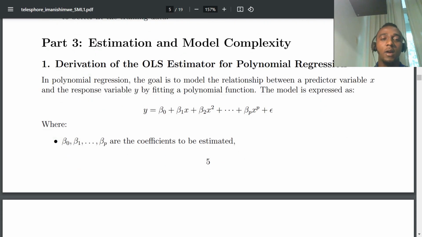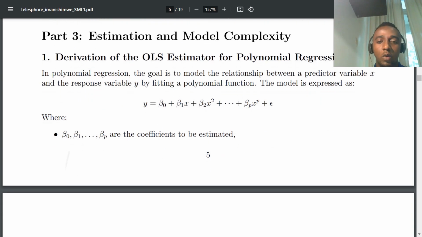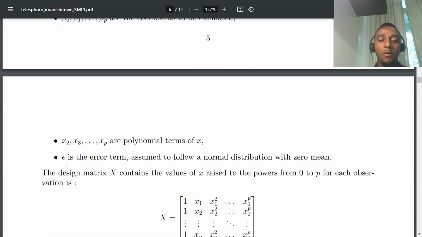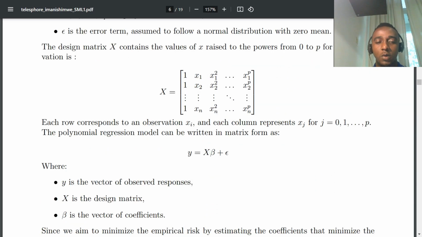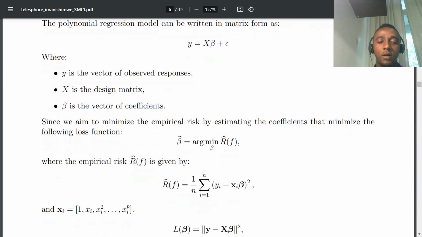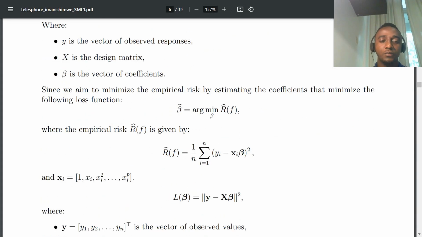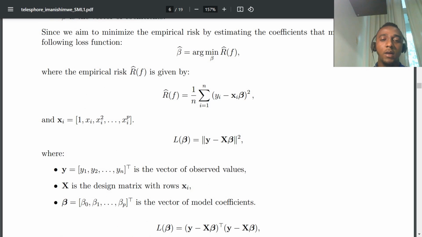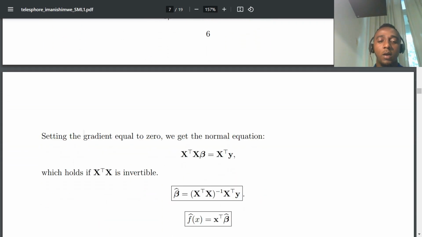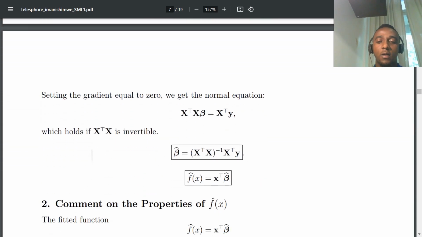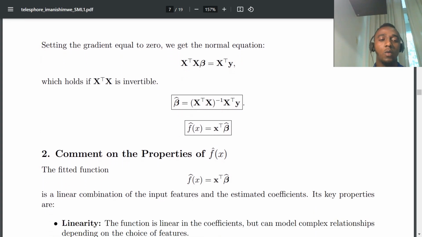So I estimated the parameters of my model, where I found that my design matrix looks like this, and the matrix form can be written like this. And then I had to minimize the empirical risk, so I differentiated my empirical risk with respect to beta. So I found that beta will be (X transpose X) inverse X transpose y.